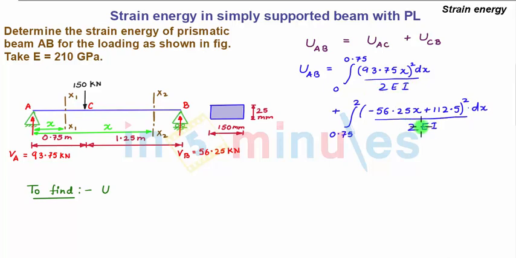Now taking the constant term 2EI outside and expanding the squared terms, we have UAB is equal to 1 by 2EI into integral from 0 to 0.75.